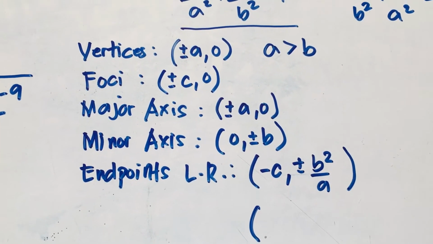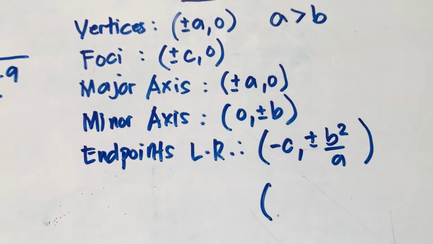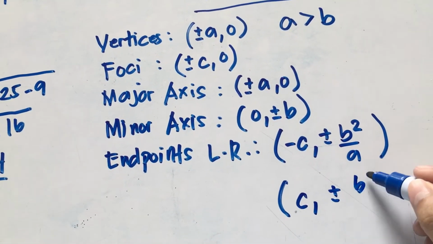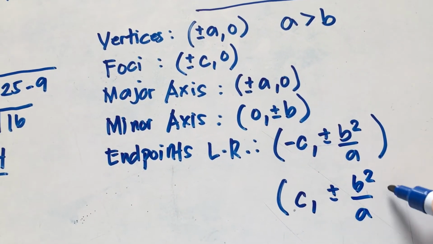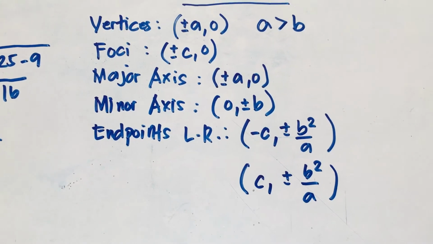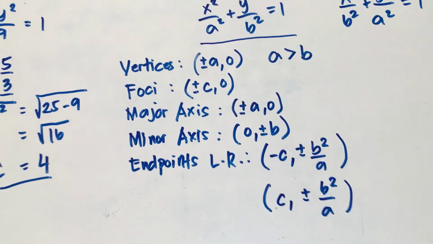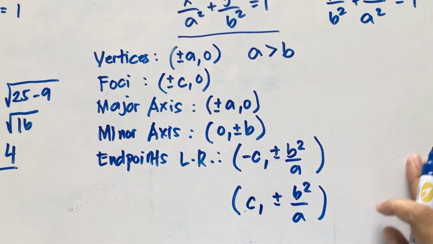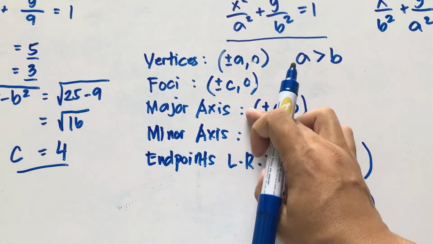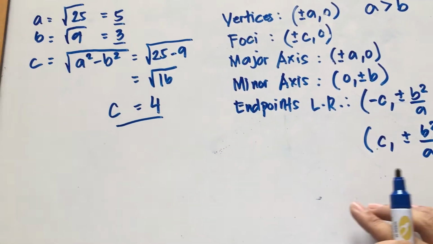Okay? So another endpoint for the latus rectum would be a positive value of your C, then plus or minus B squared over A. Again, you can refer to your notes because I've already given you the notes. Before we can graph our ellipse, we need to find the vertices, the foci, the major axis, the minor axis, and the endpoints of the latus rectum.